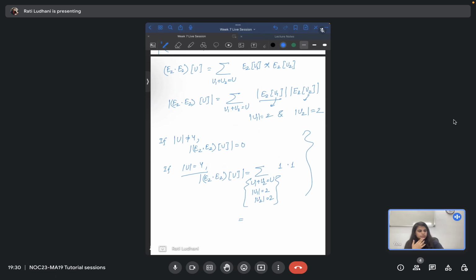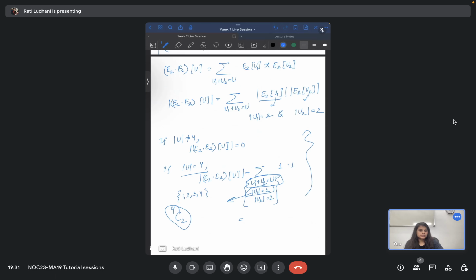So again I'm saying, you have 4 elements, you are choosing 2 elements, right? For U1 you are choosing, so you have for example 1 2 3 4. Now you are just choosing 2 elements. You can do it in 4C2 ways, right?